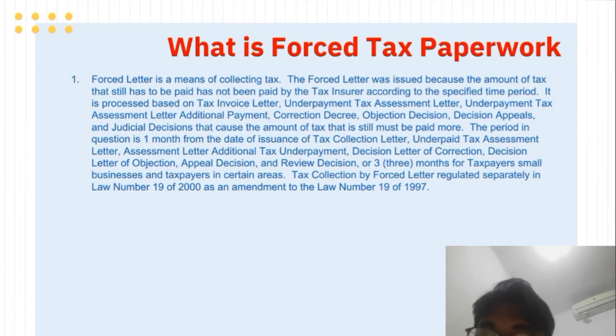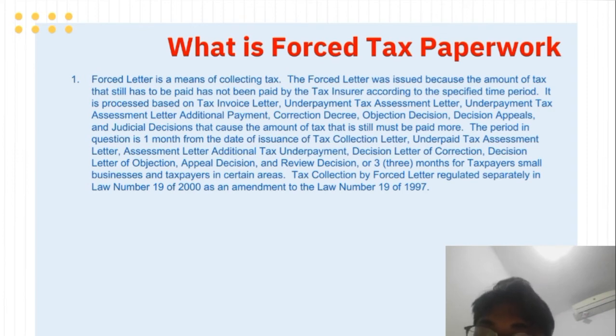It is processed based on a tax invoice letter, underpayment tax assessment letter, additional underpayment tax assessment letter, correction decree, objection decision, appeal decision, and judicial decision that cause the amount of tax that still must be paid to be more.